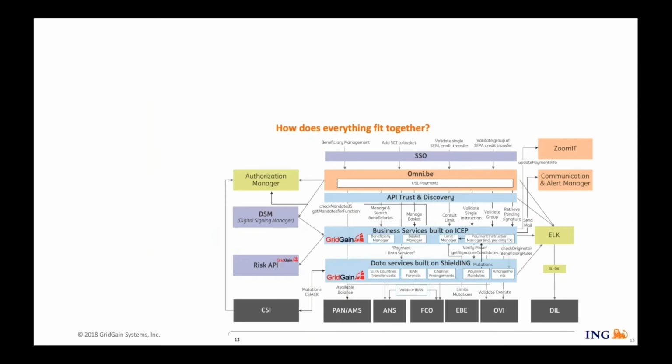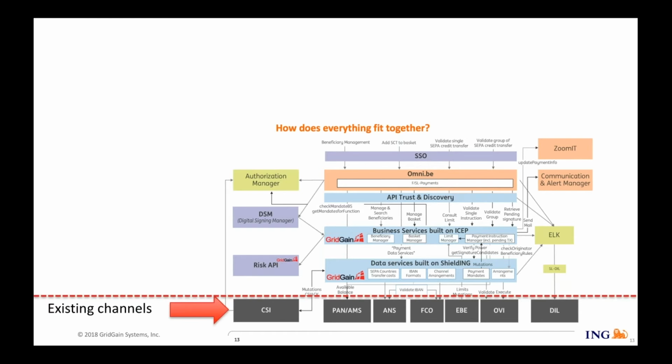But if you go back to the example of ING and what they were trying to accomplish, what they talked about at the In-Memory Computing Summit, this is actually one of Levin's slides from when he was going through how everything fit together. On top of their existing apps and existing channels, they built 2 layers of APIs, both of which were built on in-memory computing.